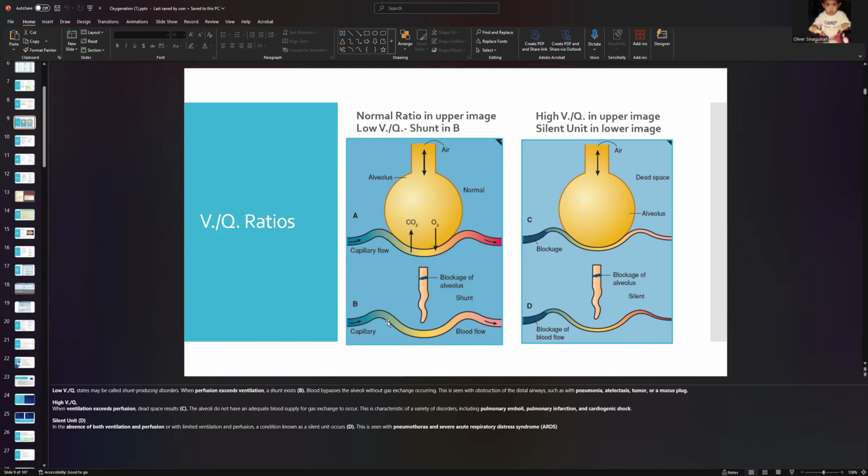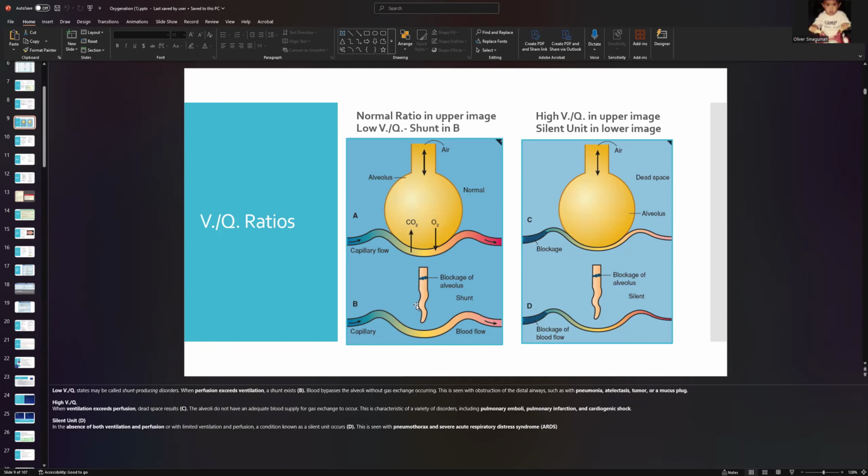So the blood comes here, it's closed, there's nothing to exchange. So the CO2 just stays in the blood. And that leads to lack of oxygen because no oxygen was delivered and a rise in CO2 because no CO2 was dropped off. And that's shunting. So the blood is just being shunted through because there's no gas exchange happening.